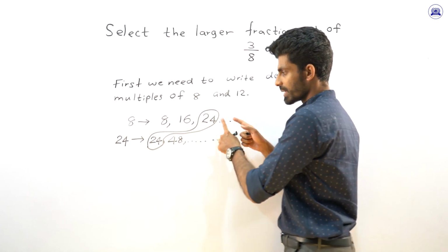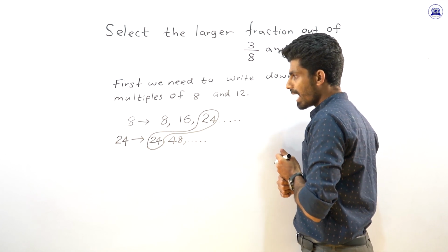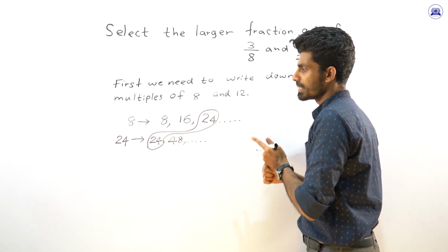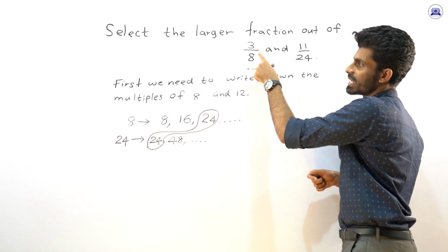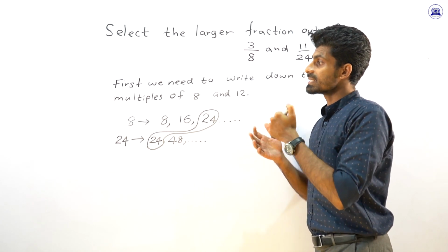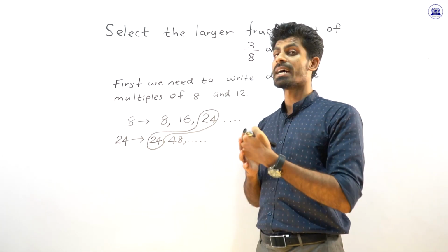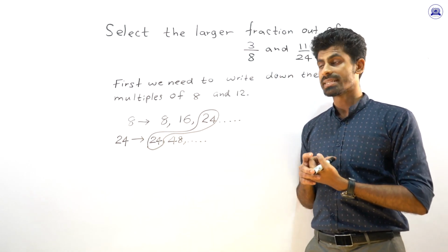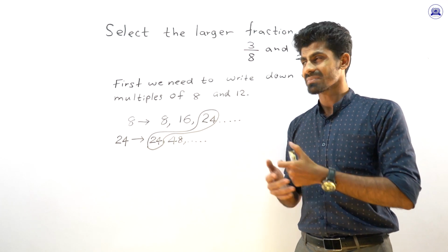Then we need to convert the denominators. We need to change the denominators into 24 because we have to take the same denominator to compare the fractions. Otherwise we can't compare the fractions. So we need to take the common denominator.